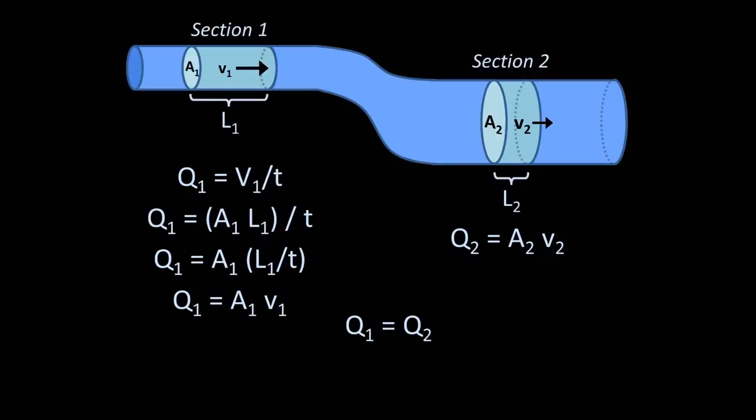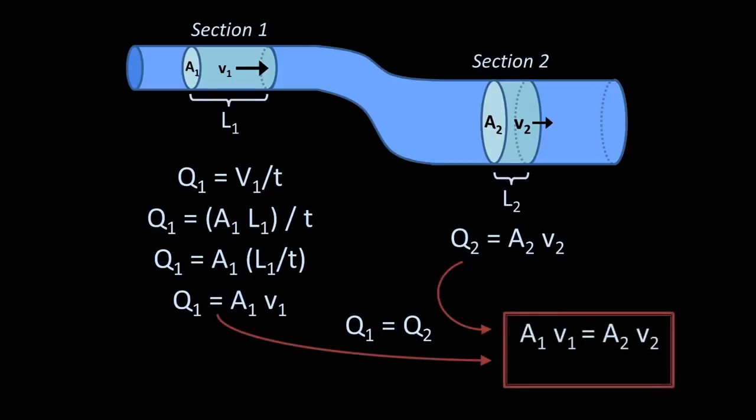So if Q1 equals Q2, then we can say the product of A1 and V1 is equal to that of A2 and V2. This is what's referred to as the continuity equation. This is the simplified form appropriate for non-compressible liquids. You can think of it as a statement of conservation of flow, which is really the law of conservation of mass as applied to moving fluids.